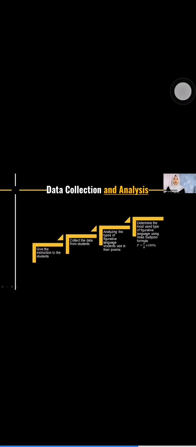The next is data collection and analysis. Here, there are four processes of data collection and analysis. The first one is to give the instruction to the students to write a poem, and then the second step is to collect the data from the students.